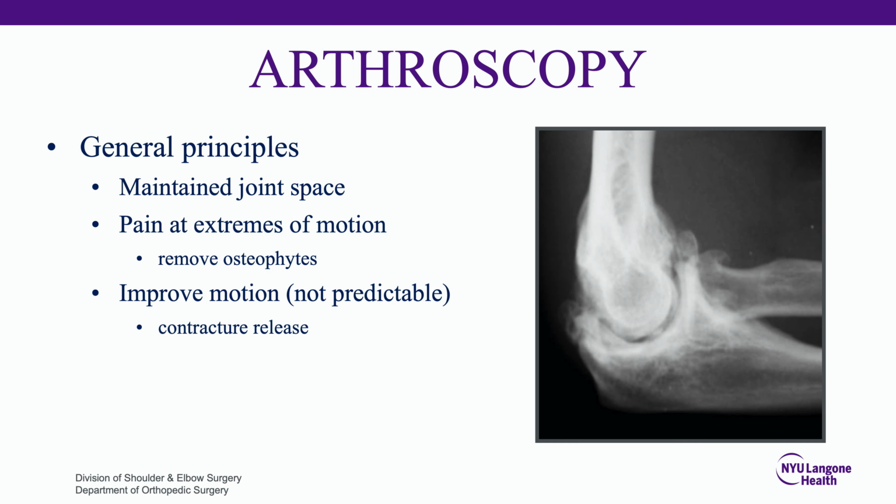In terms of surgical treatments, there are several, and the first one that we're going to be discussing is elbow arthroscopy. General principles around arthroscopy is that this would be ideal for patients whose joint space is reasonably maintained.